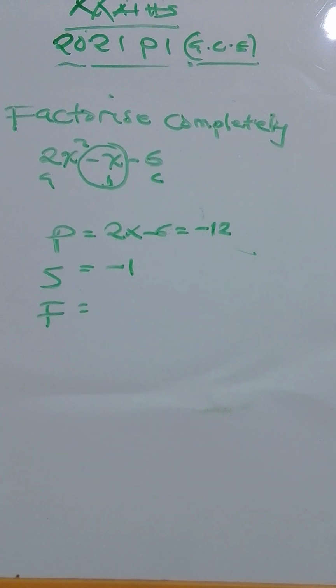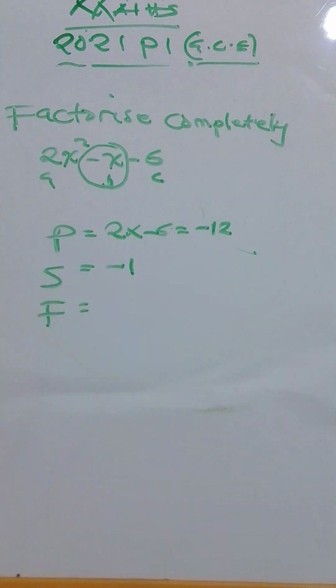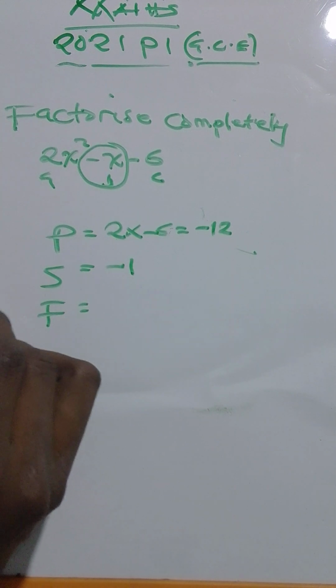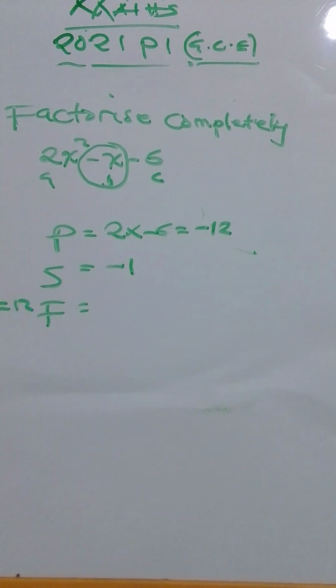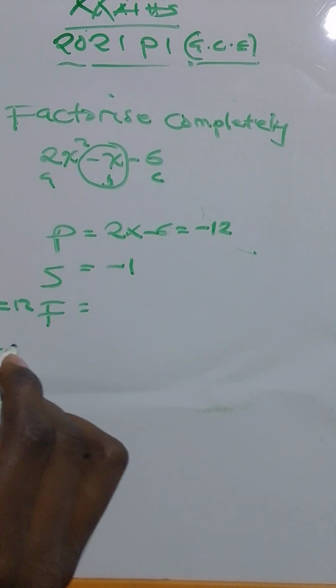Then we are saying, which two numbers can we multiply to get negative 12? The same numbers, we find the sum of them, or we add them to get negative 1. So from here, we know that 4 times 3 is equal to 12, but here we have negative 12. Then if you say 4 plus 3, we're getting 7.